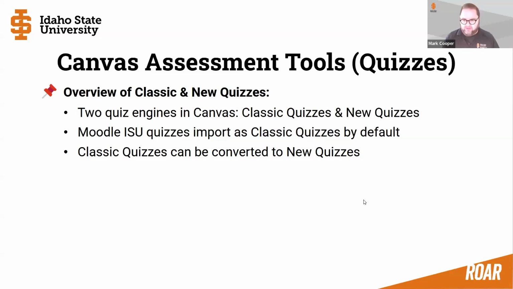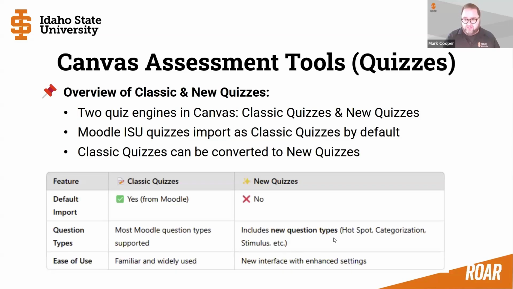But you might be asking yourself, why the two engines? Canvas maintains these two engines, the classic and the new, because the new quizzes were built as an entirely new tool using a different infrastructure rather than them just updating their classic quizzes.